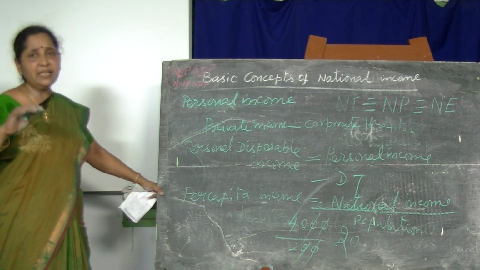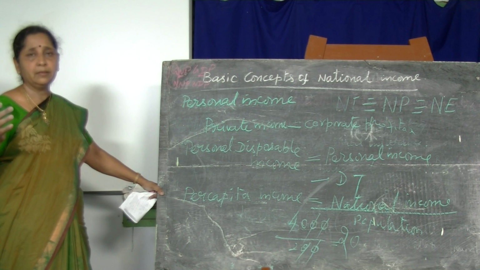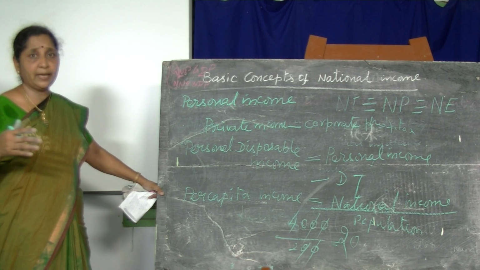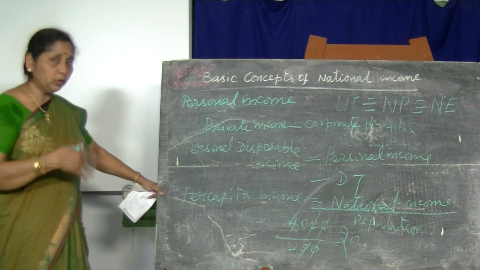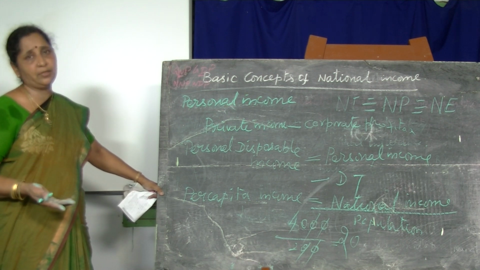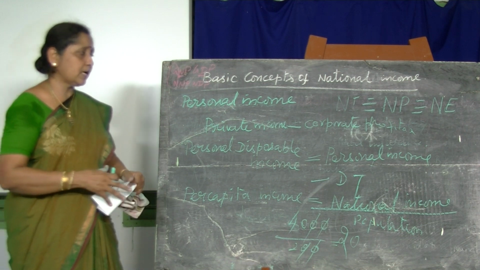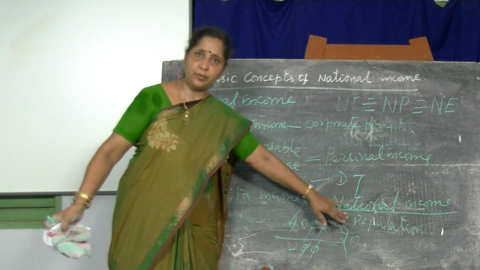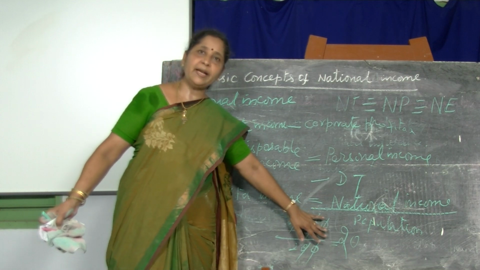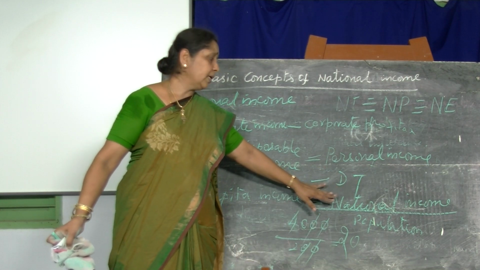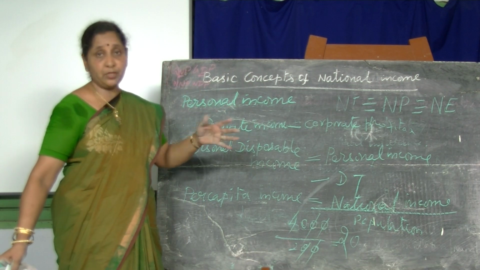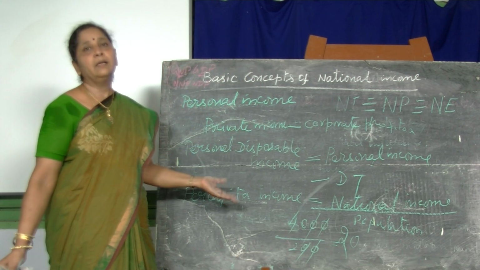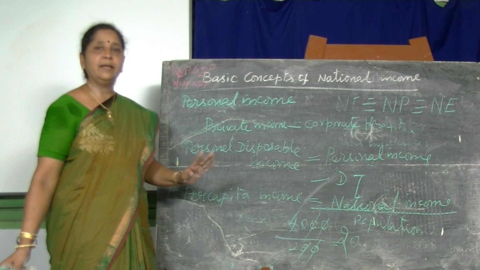The rate of change is very, very important here, because both are variables, both are subject to change. If the rate of change is higher in national income than population, the per capita income would be higher. If the rate of change in population is higher than the rate of change in national income, then per capita income will be less.